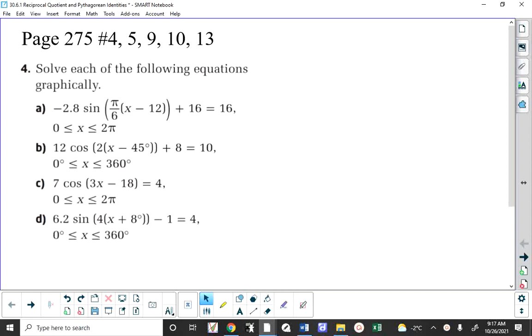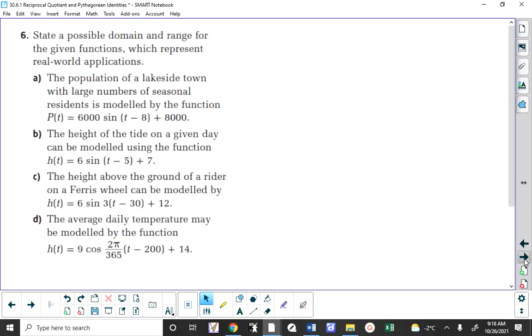It's confusing at any level, actually, because especially when you get to word problems and applications, you start to lose touch with the fact that your independent variable, x or t, is no longer really an angle. It's a time, or a day of the year, or something that's really not connected to a rotation at all. And then trying to find solutions without referring to rotation angles becomes awkward.